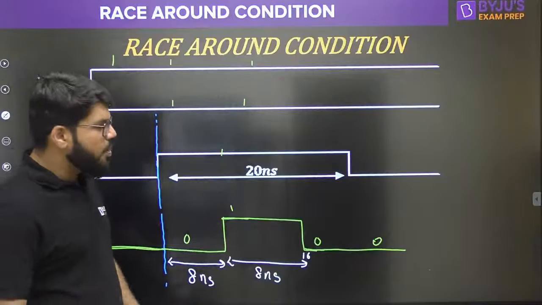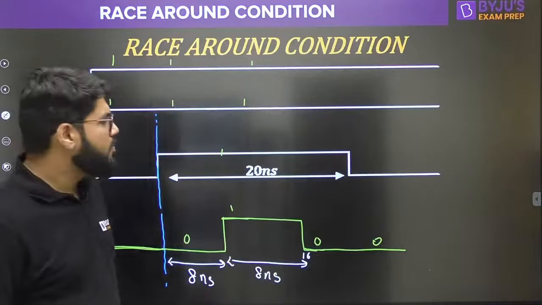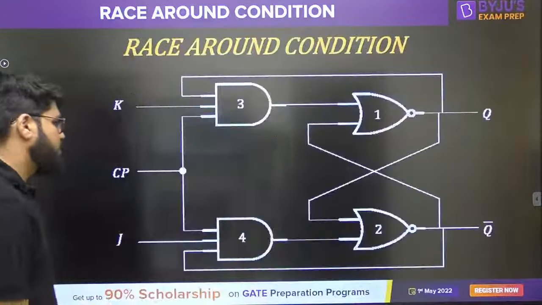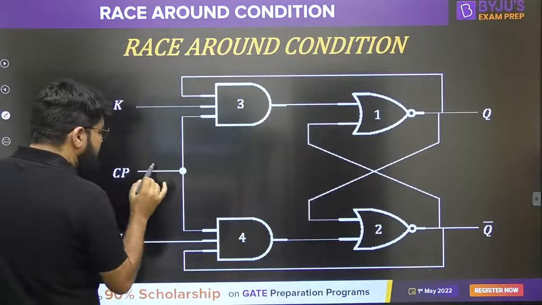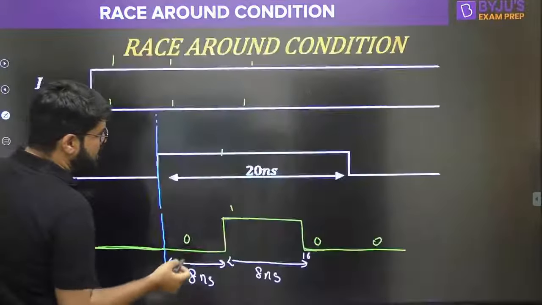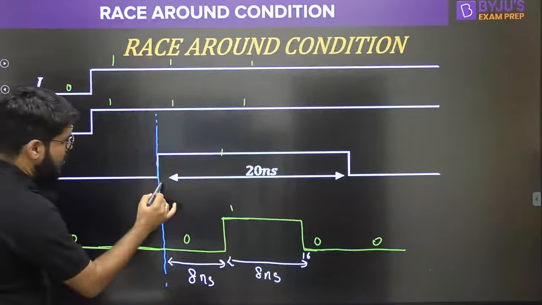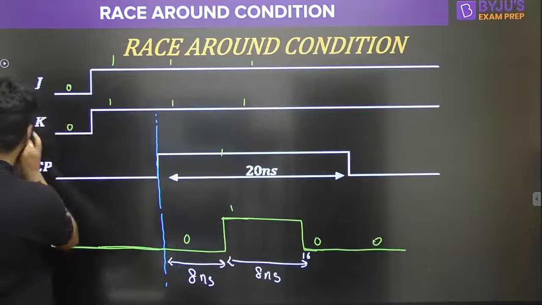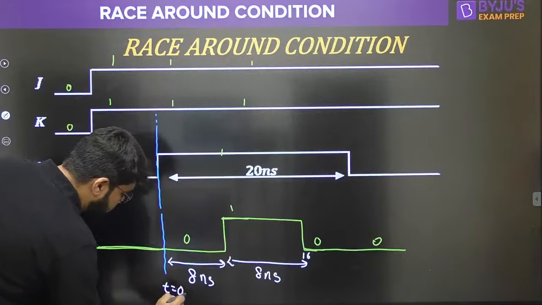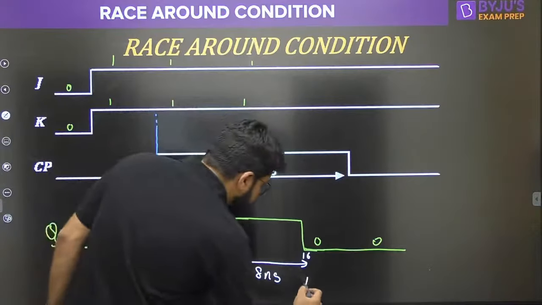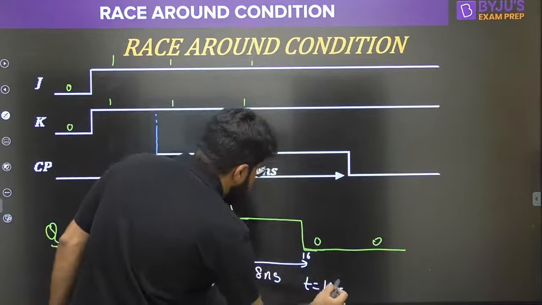Now, what is this problem actually reflecting and what is this problem actually known as? Look into this. Pay attention. Let's suppose the time when you apply the clock, let me write it in a different color, is t equal to 0, and this is the time t equal to 16 nanoseconds.